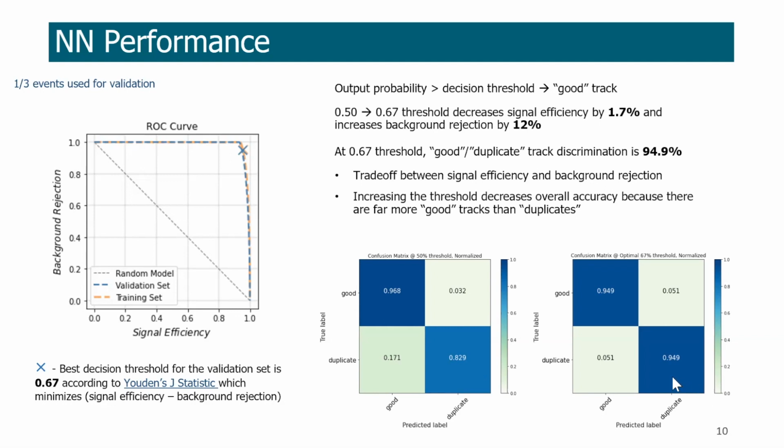As a simplification, I continue to use Youden's J statistic to evaluate my neural network performances in the upcoming slides. And at this particular optimal 0.67 threshold, good and duplicate track discrimination is 94.9%. It's important to note, though, that there's a clear trade-off between signal efficiency and background rejection when you're altering the decision threshold.